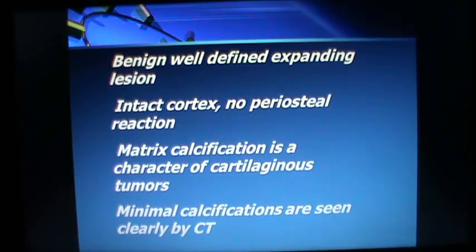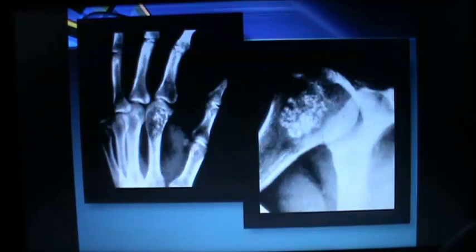They are benign, well-defined, expanding. The cortex is usually intact, no periosteal reaction. The matrix calcification is characteristic of cartilaginous tumors: flecks, arcs, rings, and mottling. Minimal calcifications are seen clearly by CT. The CT can define minimal calcifications.